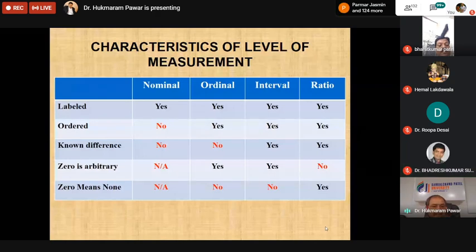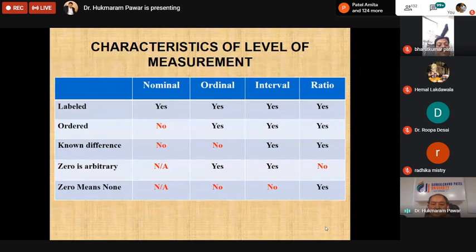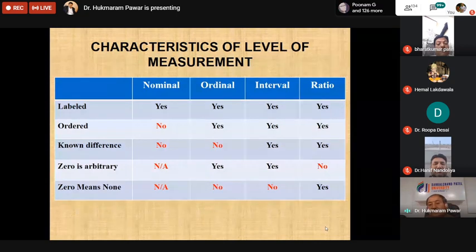These are the characteristics of nominal. And the characteristics of ordinal: label is there, order is there, but a known difference is not there, zero is arbitrary, and we can't say zero means none.